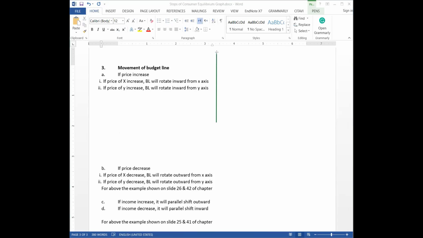We have the y-axis and the x-axis. The base budget line we already drew here like this, and there was an indifference curve that we already drew. I will make a dot and try to draw an indifference curve.